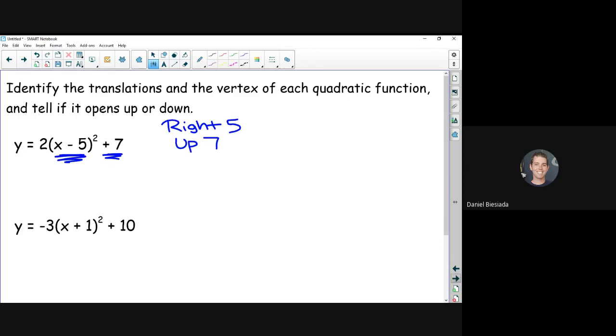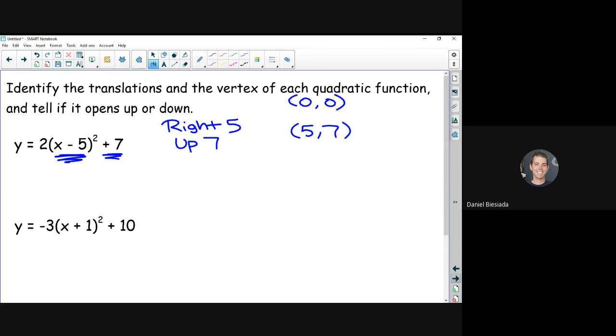What that's going to do is tell us what our vertex is. We always think of a starting point of 0, 0. If you think back to our first quadratic video, the vertex of that original function, the green one, was 0, 0. So if I start at 0, 0 and go right 5 and up 7, that's going to give me the point 5, 7.